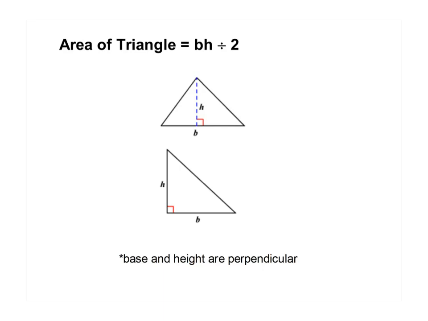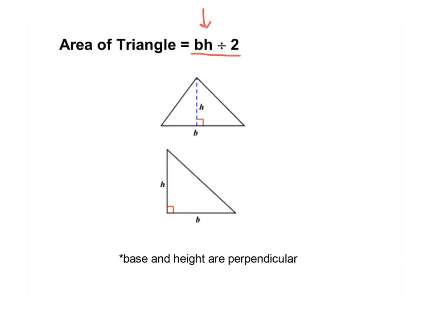So here we go. To find the area of a triangle, we use the formula base times height divided by 2. So base times height was just what we did for our parallelogram, and then we're going to divide it by 2. Okay, remember we just said that any parallelogram can be split into two congruent or equal triangles.